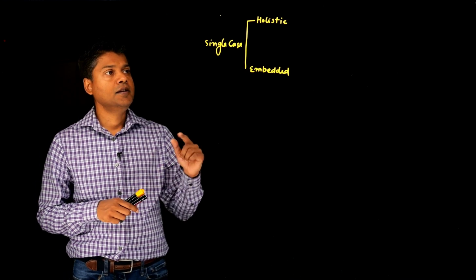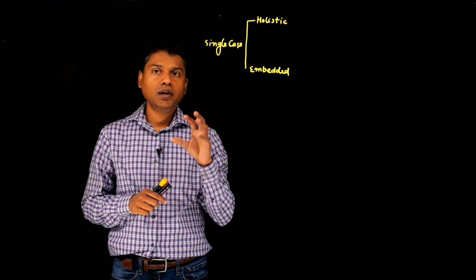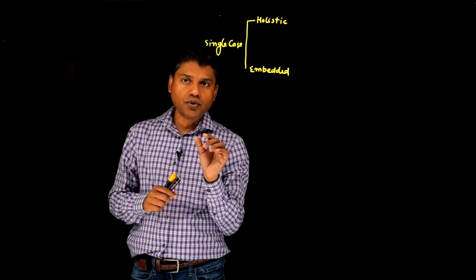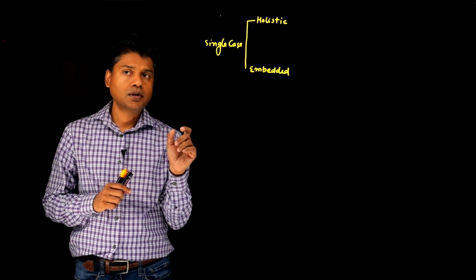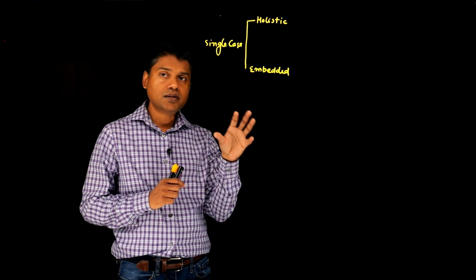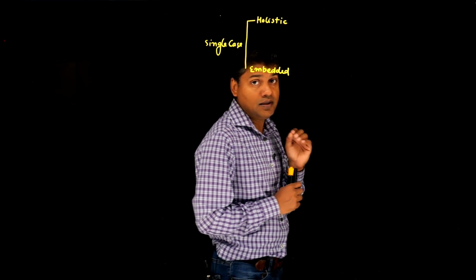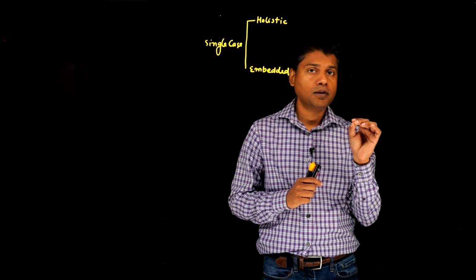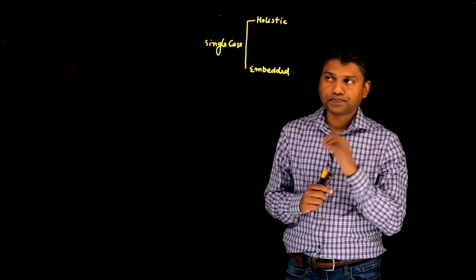And then in embedded design, in one case, you focus on some subunits of the case. So you are understanding the case holistically, but you are specifically focusing on some subunits.